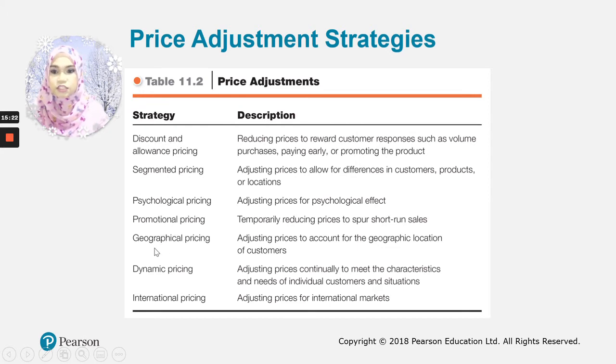Next is geographical pricing, where you adjust prices to account for the geographic location of the customers. Geographical pricing is when you can see that the price of a certain product at different locations is different.